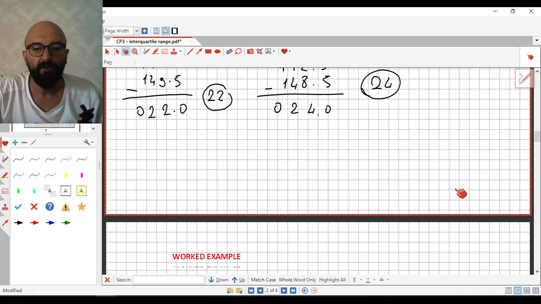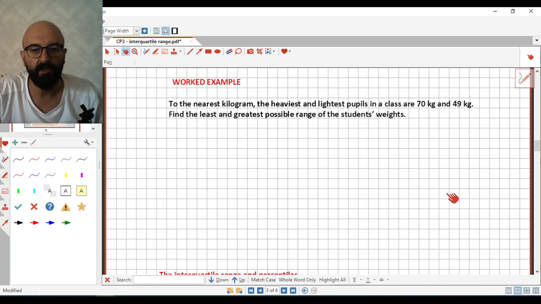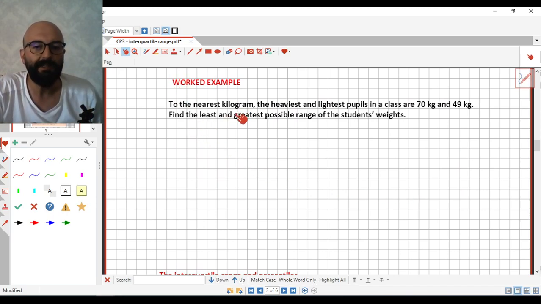Okay, now we have one more example. To the nearest kilogram, the heaviest and lightest pupil in a class are 70 kilogram and 49 kilogram. Find the least and greatest possible range of the students' weights. So the heaviest pupil's weight is 70 kilogram.